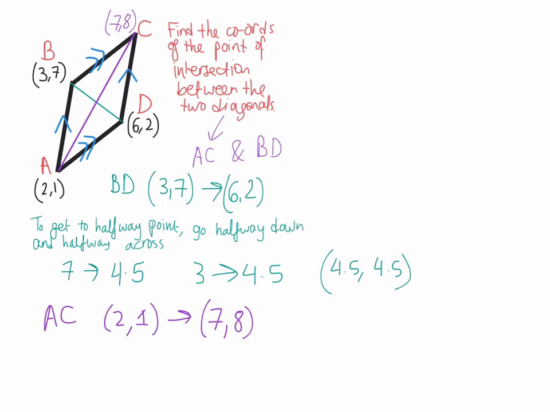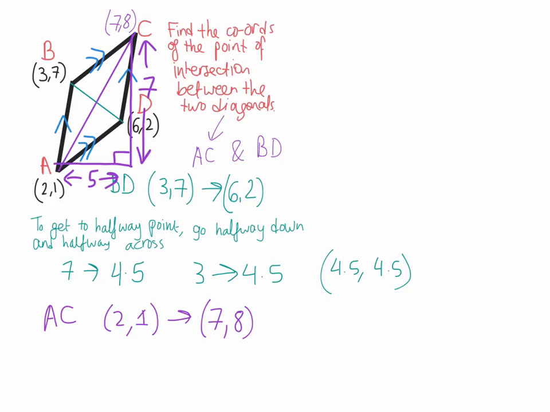Now for AC, we do a similar thing, drawing in our triangle first of all. So a distance across from 2 to 7, that's a distance of 5. And then a distance up of 1 to 8, that's a distance of 7. And again, we're going to go halfway up and halfway across.